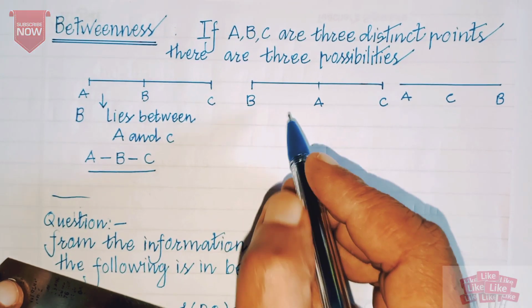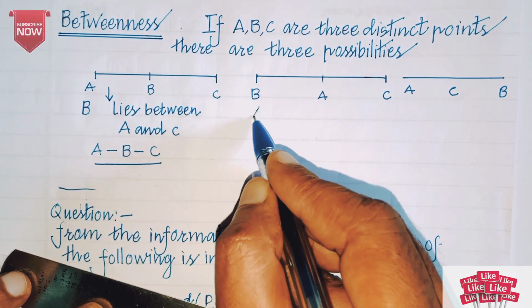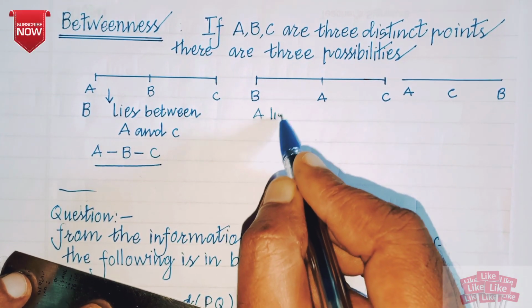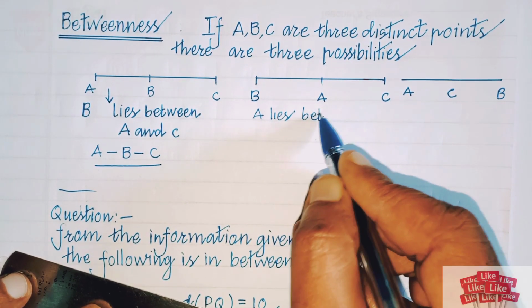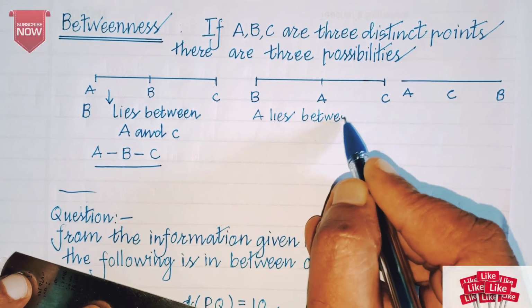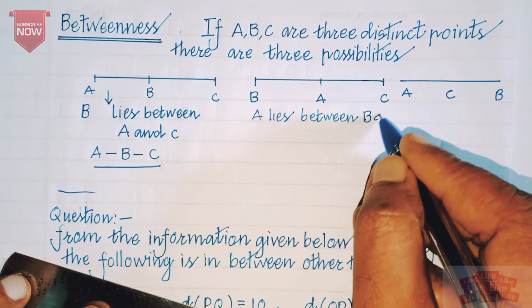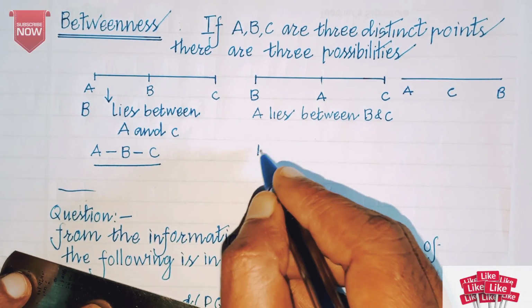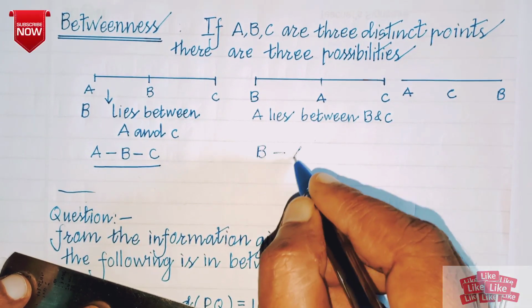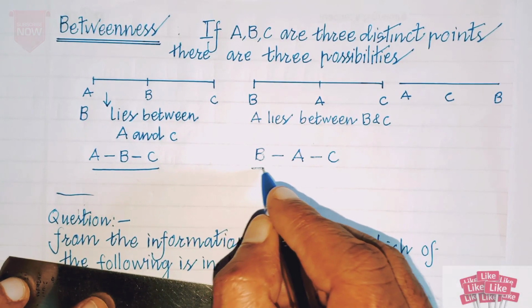In the same way, A lies between B and C. So we can write here B, A and C. This is the betweenness.